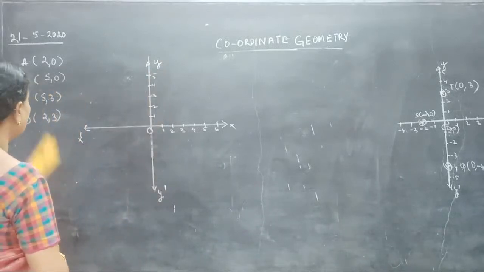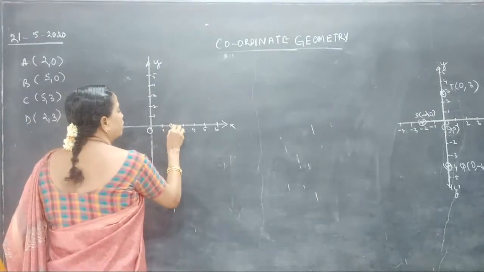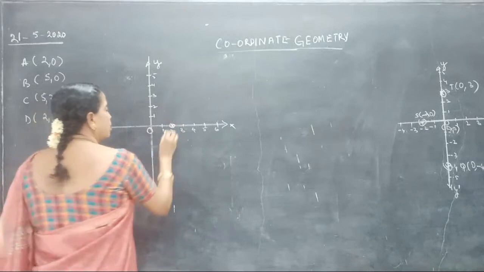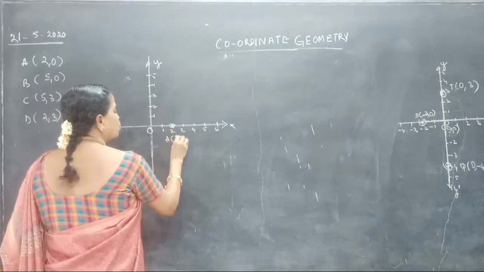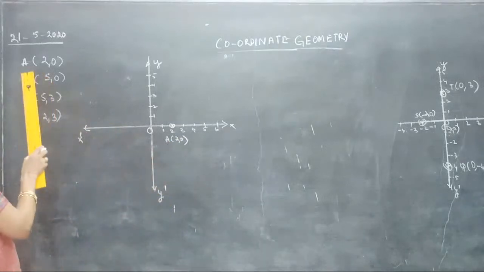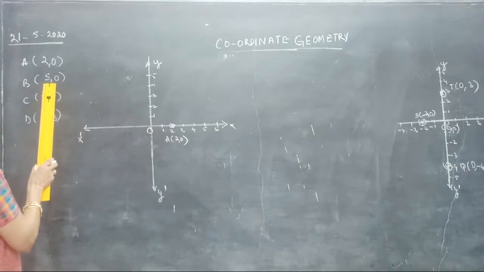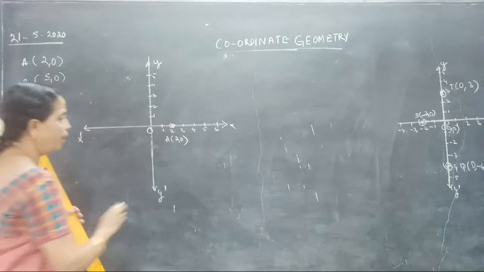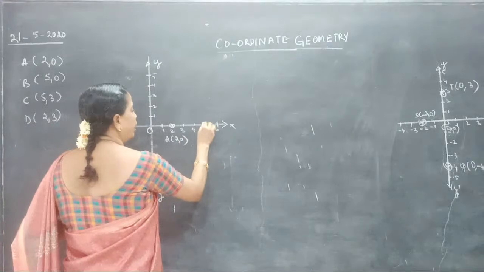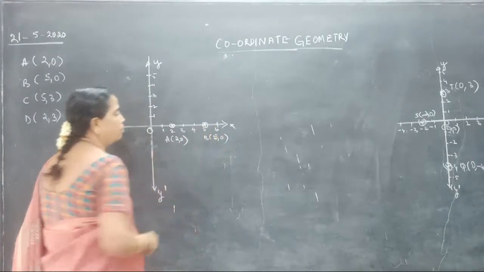First one is (2, 0). It is on the x-axis. Name the point as (2, 0). The first point here is A (2, 0). Then (5, 0). Count 5 and name this point B (5, 0).